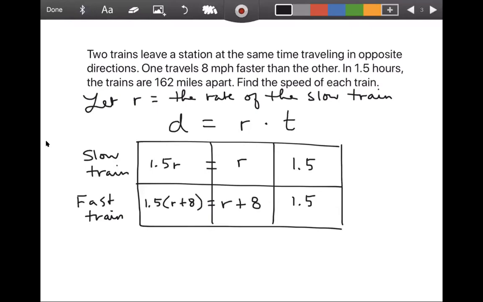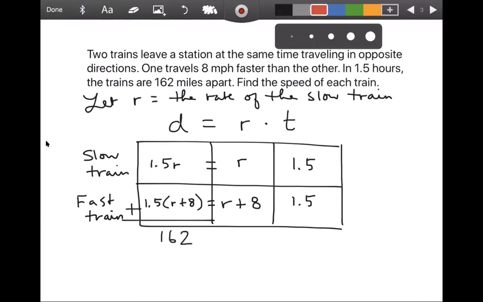Okay. So now I'm ready to write my equation. The trains are 162 miles apart, which means the total distance traveled by both trains is 162 miles. And that is going to be my equation.